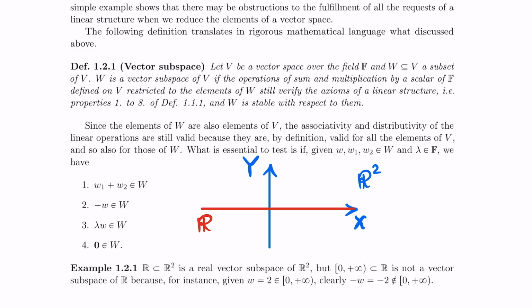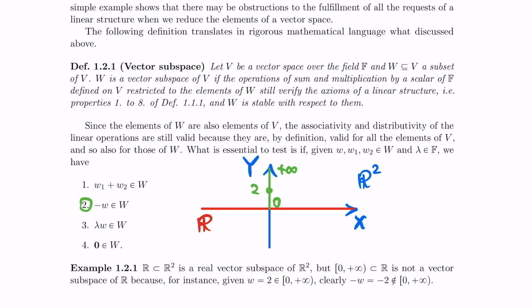However, consider, for example, the segment given by all the non-negative real numbers, that is, from 0 to plus infinity. This is a subset of R2, which is not a vector subspace. The reason is that if we consider, for example, the element 2, which belongs to this segment, then we can ask ourselves, is this property here verified?